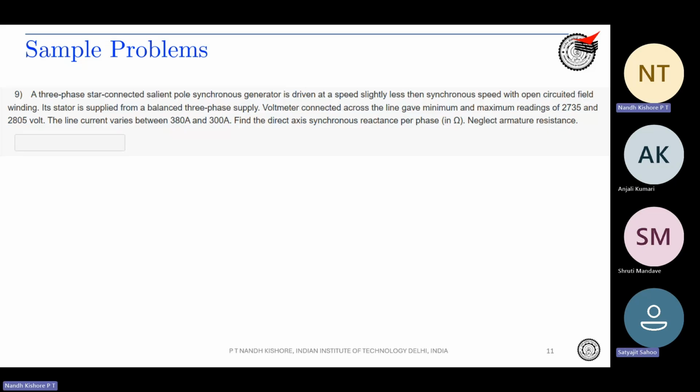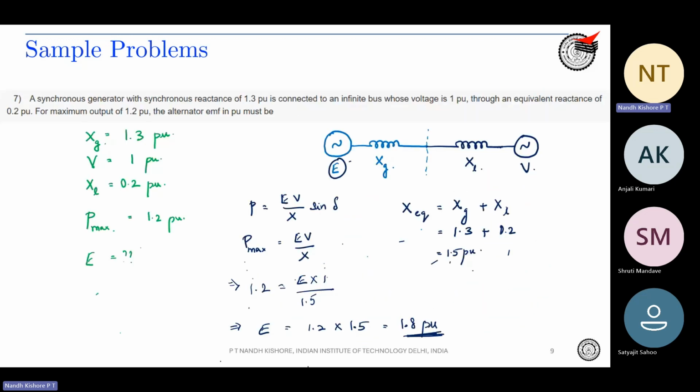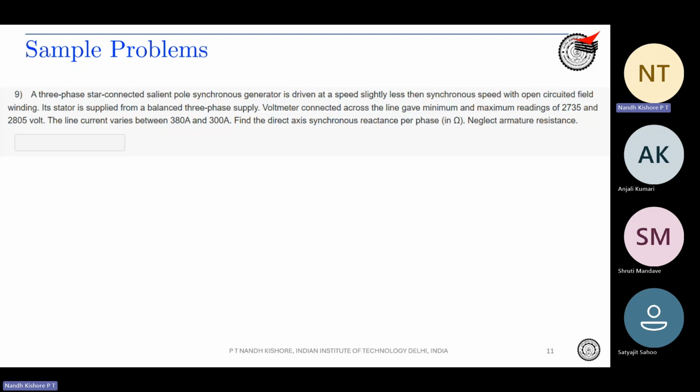Sir, for these types of questions we will not get options, sir. Everything is fill in the blank. Most of the numerical problems over here were fill in the blank, apart from the theoretical questions. Sometimes it can be calculation based, sometimes it can be like this, but it is totally dependent on who is setting the question paper.